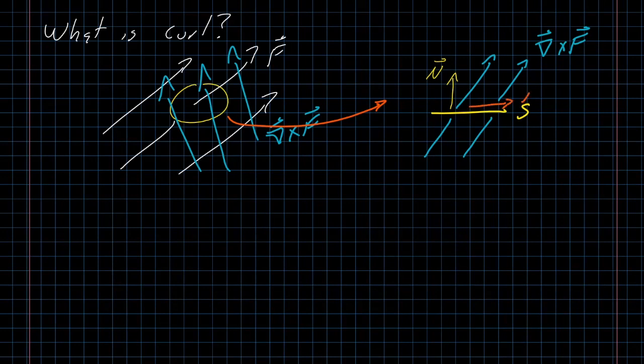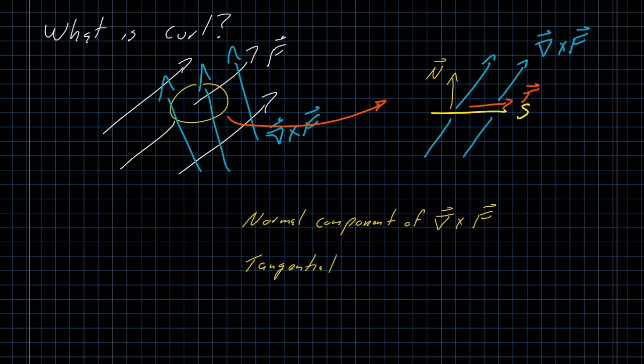And there's also a tangential direction, a direction that's along the surface itself. We'll call that T. All right, so we can think about that curl as having a normal component and a tangential component.